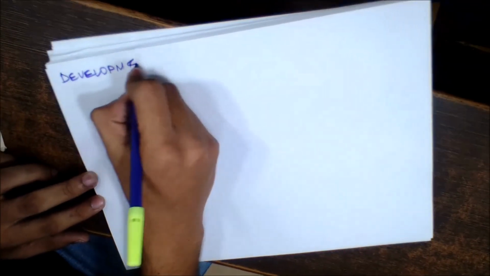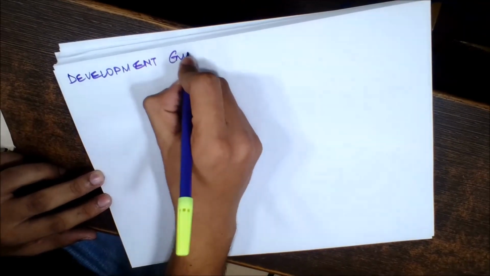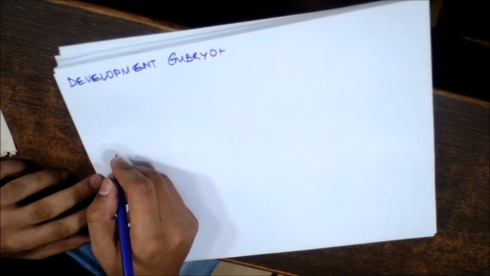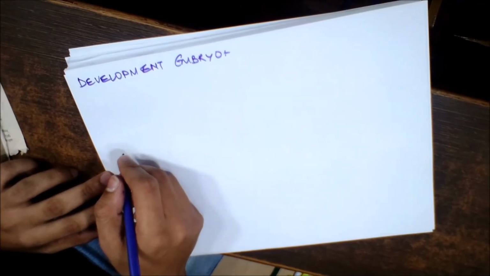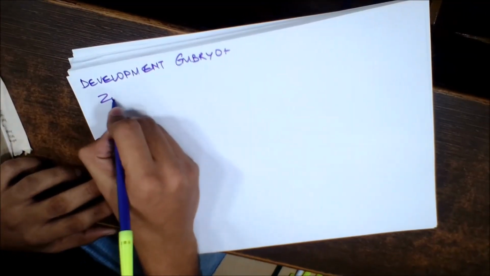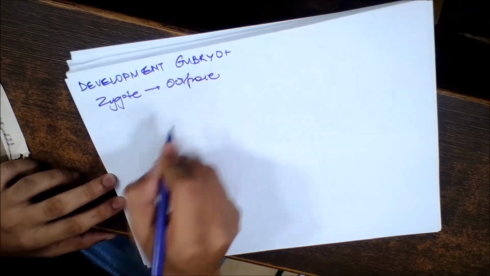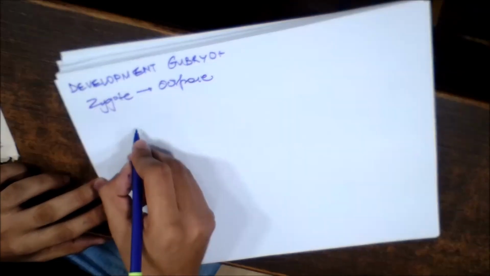So now we'll be studying the development of an embryo. The zygote, which is formed by fertilization, gets converted into an oospore by the formation of a wall. The oospore divides transversely to form a large basal cell.